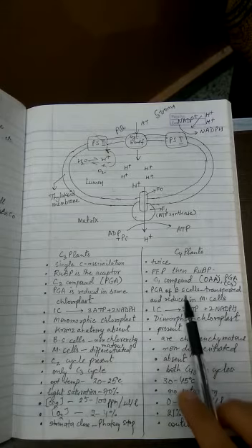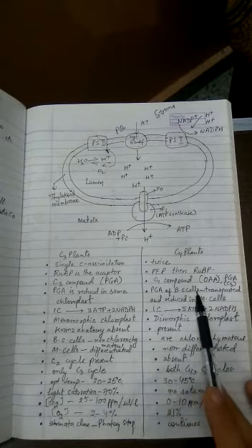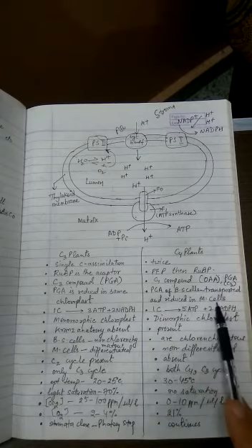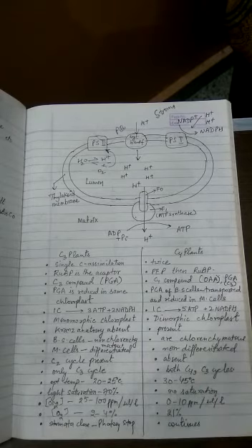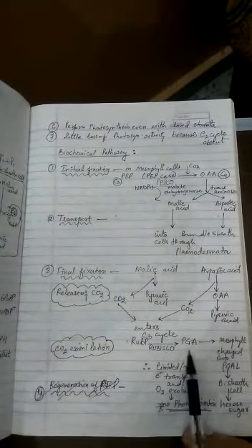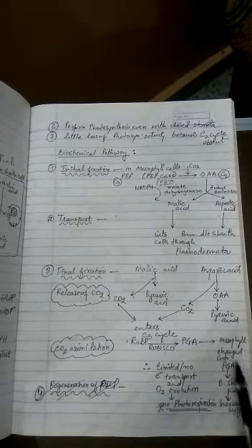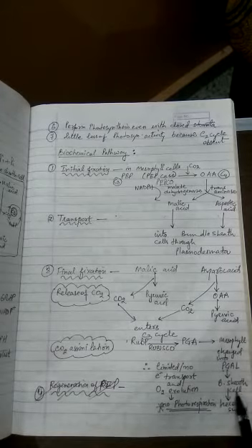But in the case of the C4 plants, PGA will be shifted from the bundle sheath cell, and then it goes to the mesophyll cell, where it is reduced into PGAL. If you remember this process, which I told you is very crucial, PGA will change into PGAL, but this change will not occur in the bundle sheath cell but in the mesophyll cell. Then it comes back into the bundle sheath cell.